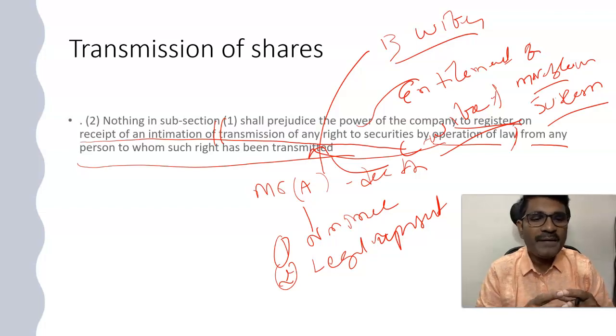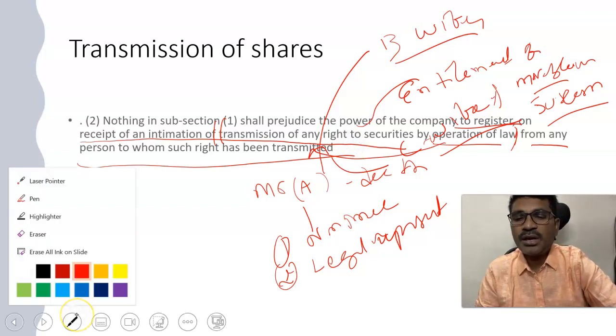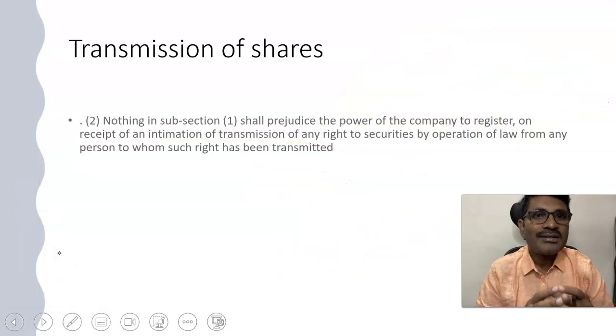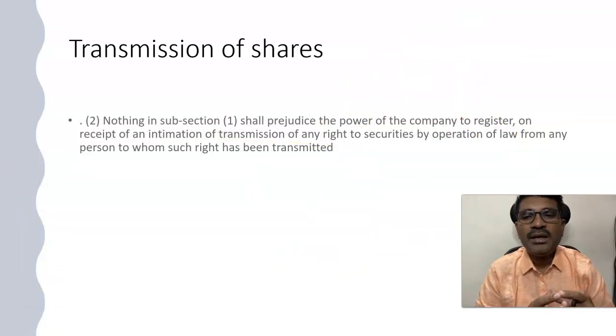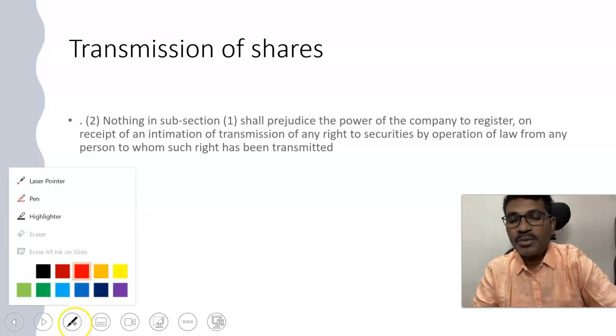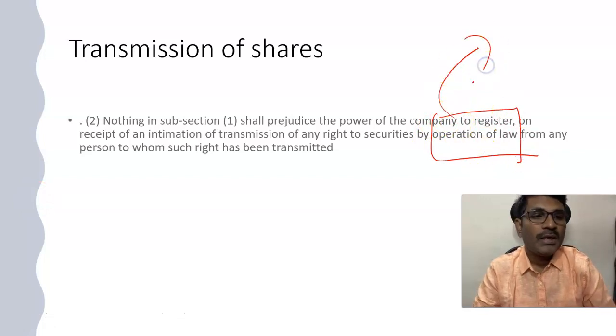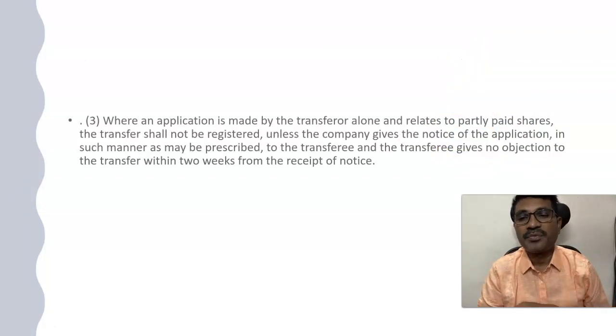This is where you find a number of cases on jurisprudential aspects, where courts have decided on the legal implications for ownership of shares. So ownership of shares with regard to transmission always happens by operation of law. I am writing here: by operation of law. Kindly remember this term, which has a lot of interpretations.